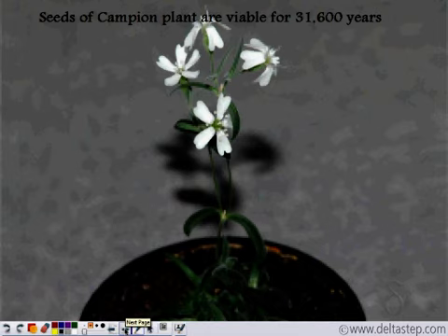Seeds of the campion plant are viable for 31,600 years plus minus 300 years. Can you believe that? A seed is viable for this long. How is that possible?